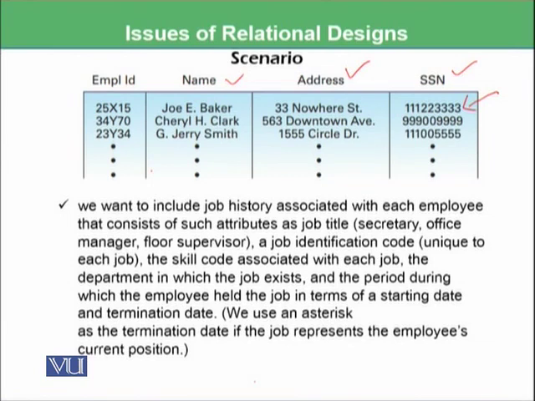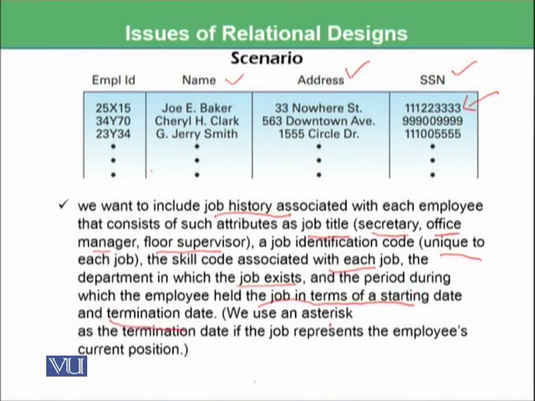However, now we want to include the job history associated with each employee, that consists of such attributes as job title, such as secretary, office manager, floor supervisor, a job identification code unique to each job, the skill code associated with each job, the department in which the job exists, and the period during which the employee held the job in terms of a starting date and termination date.